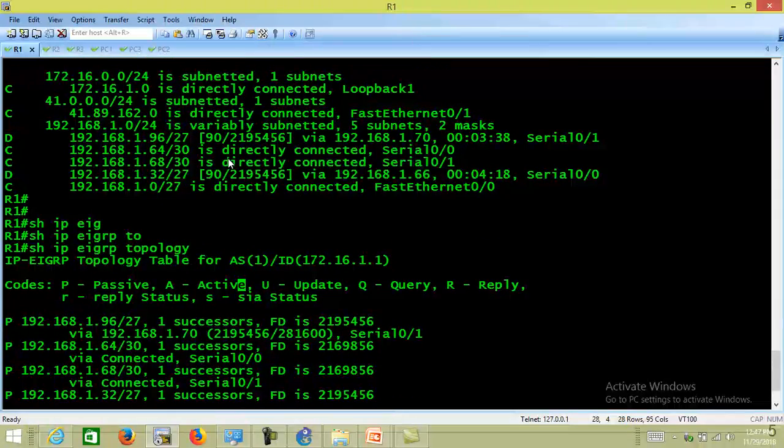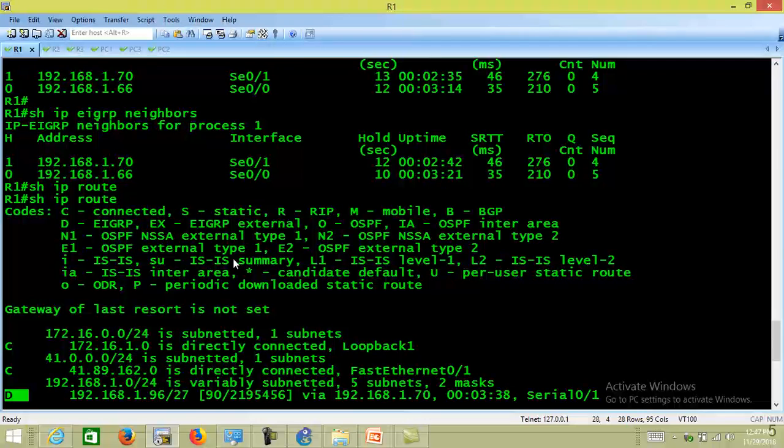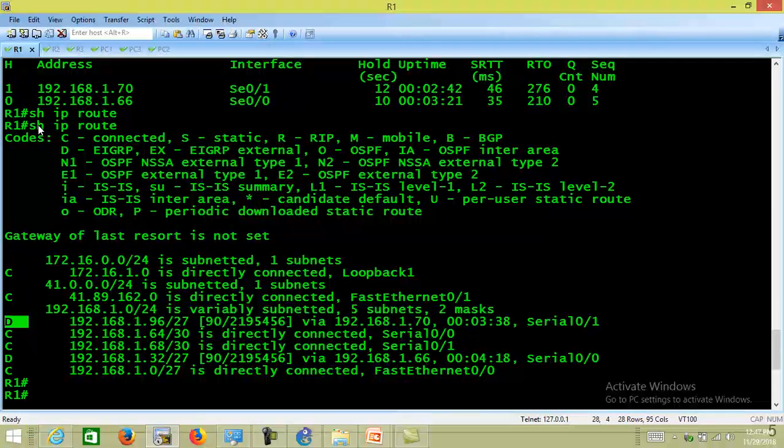When you come back to the routing table, I know I'm jumping back and forth a lot, but I hope you can follow. Under the routing table, show ip route, you can see under the codes that D stands for the DUAL algorithm, for EIGRP.